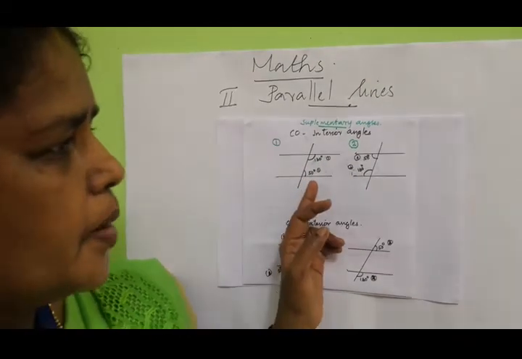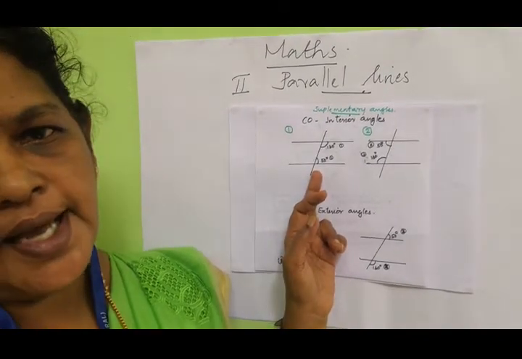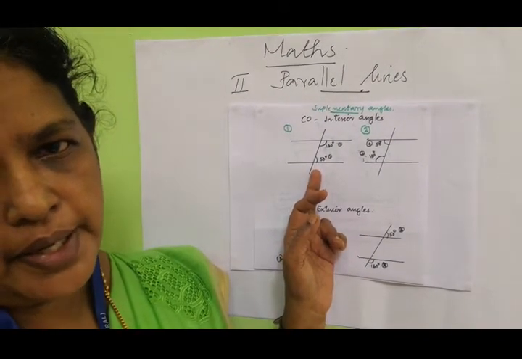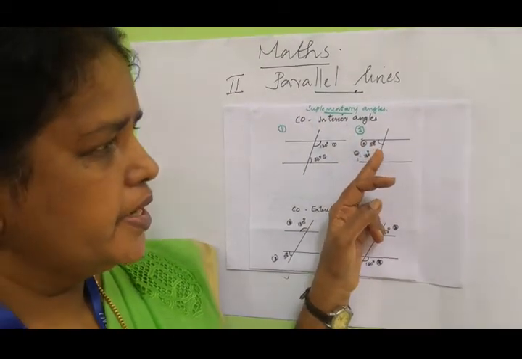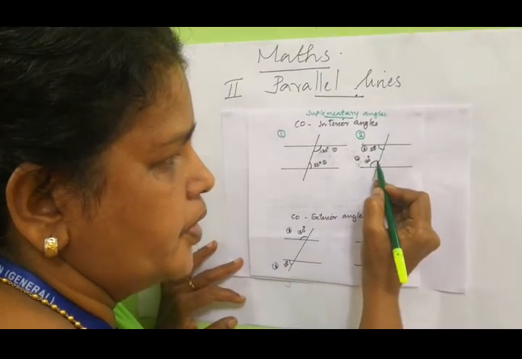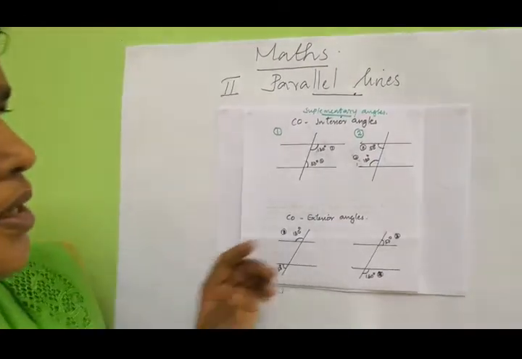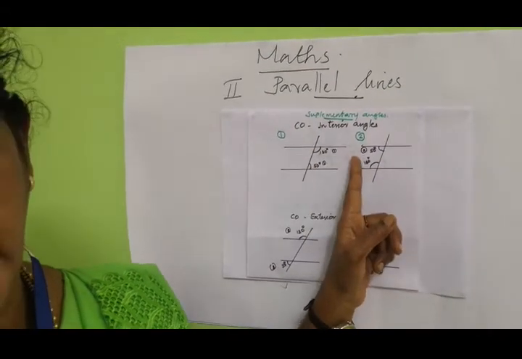The sum of these two angles is 180 degree. Therefore, these angles are called supplementary angles. Similarly, another pair of co-interior angles is 50 degree and 130 degree. These two pairs are called co-interior angles.